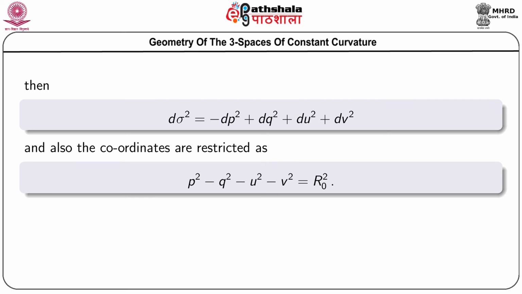And also the coordinates are restricted in this form: p square minus q square minus u square minus v square equals r naught square.